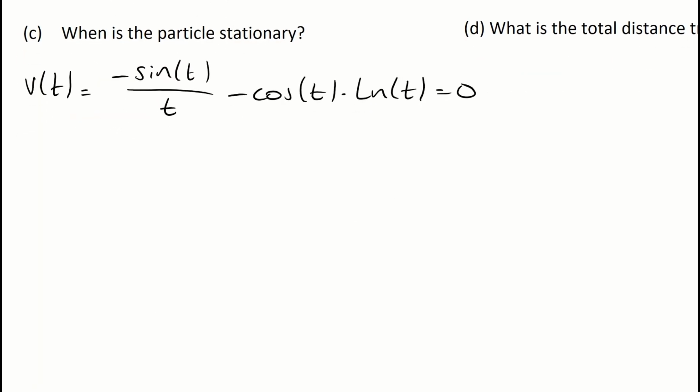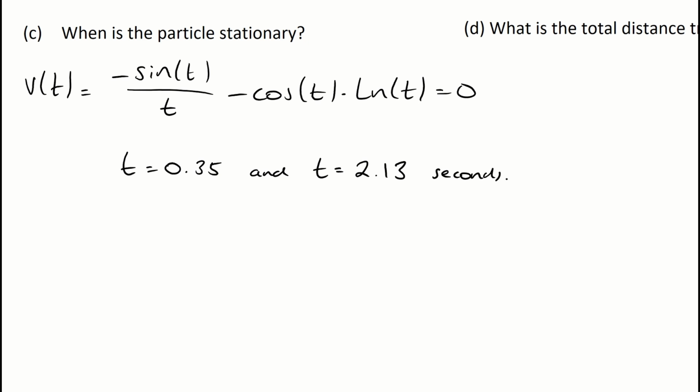This is going to be incredibly difficult to do by hand, so this part of the question would allow for the use of some form of calculator. The answer you should get is t is 0.35 and t is 2.13 seconds.